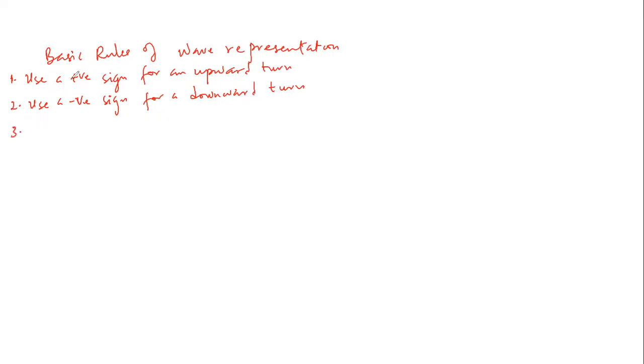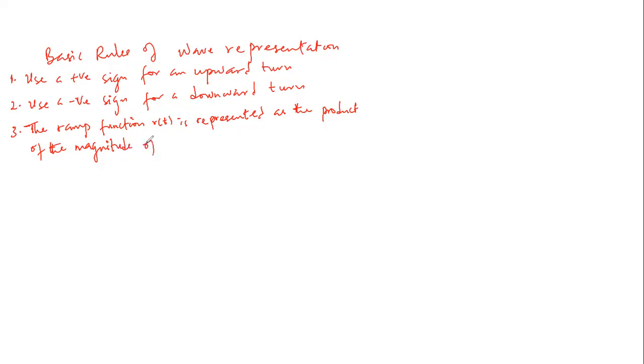The third point to consider is that the ramp function r of t is represented as the product of the magnitude of the slope and the ramp function, taking time delay into consideration, okay?